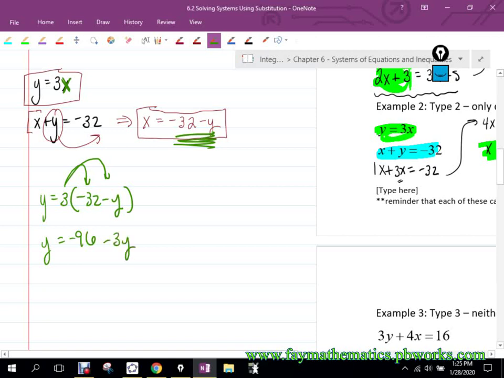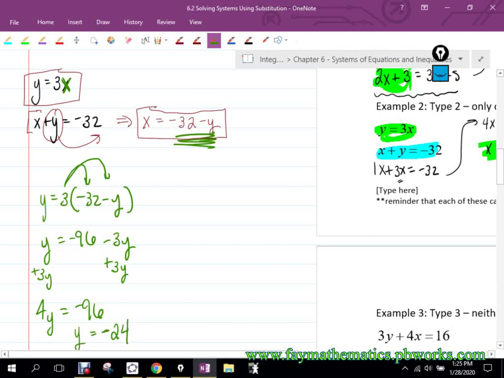How do I solve for y now? Careful. Don't I need to get all the y's on one side? So I'm going to add 3y to both sides. And that gives me 4y equals negative 96. Anybody know how many times 4 goes into 96? 24 times. Okay.